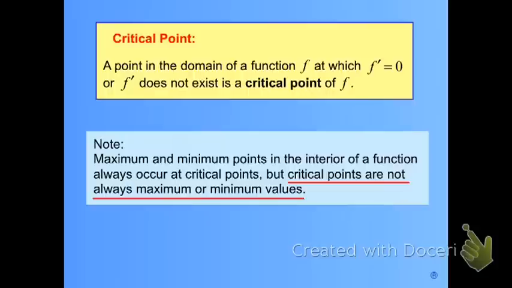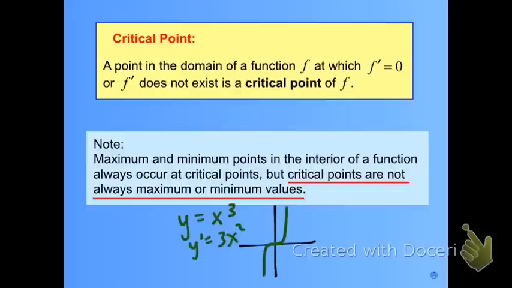One example would be the graph of y equals x cubed, where the derivative is 3x squared. We've got the graph coming up like this. In fact, we could even draw the derivative. It looks like that. But we'll get back to that.